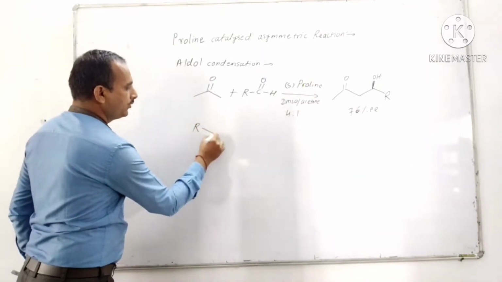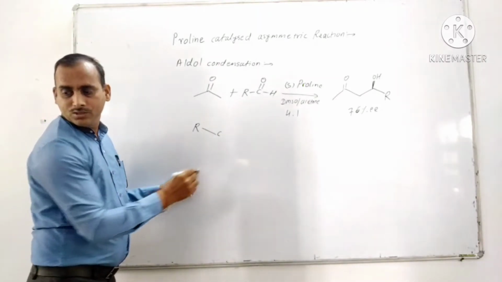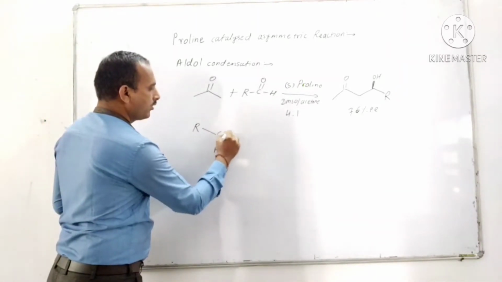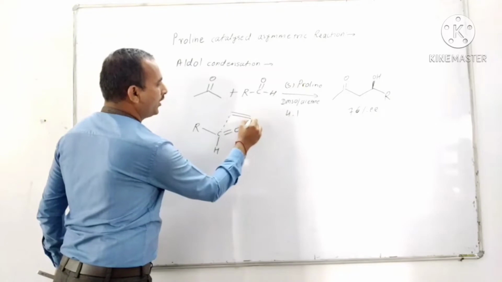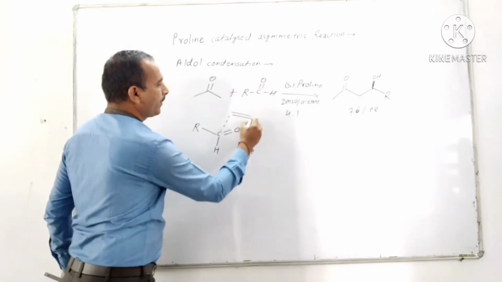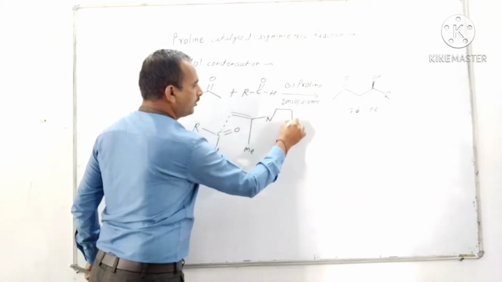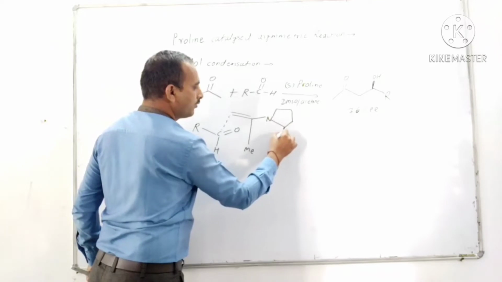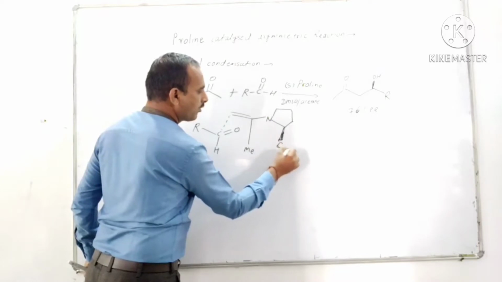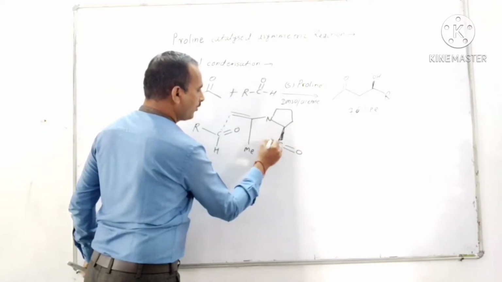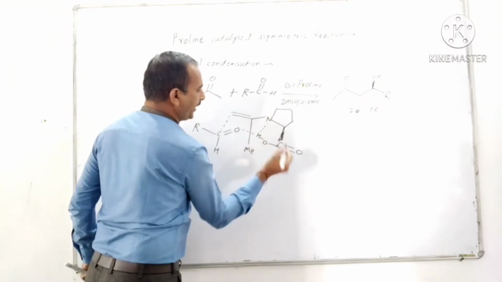So here is the R group, C, H, O double bond, there is Me, and C double bond O, OH.